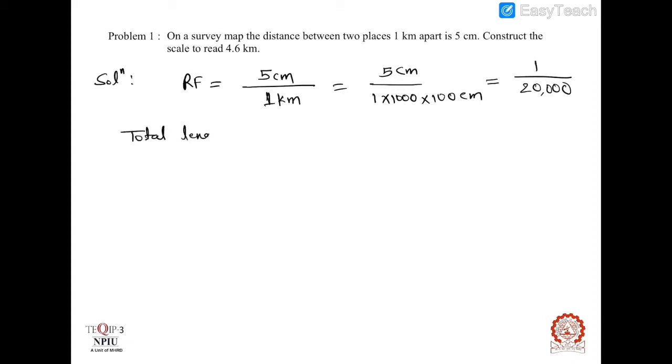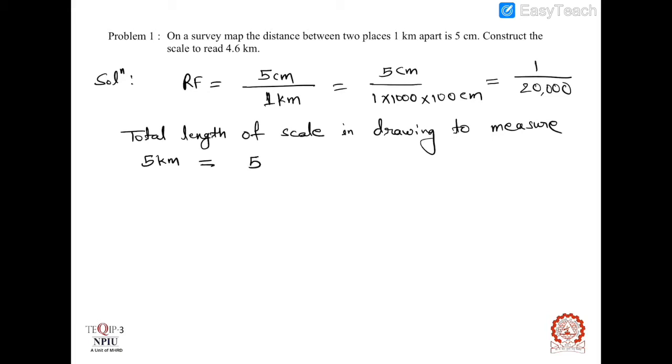Total length of scale in drawing to measure 5 kilometer is equal to 5 multiplied by 1000 multiplied by 100 multiplied by representative fraction 1 divided by 20,000.